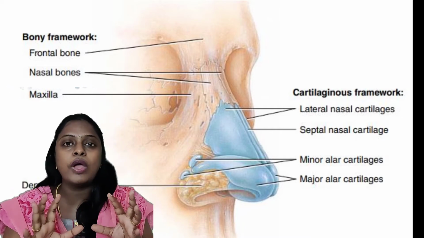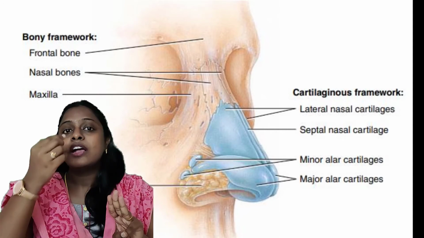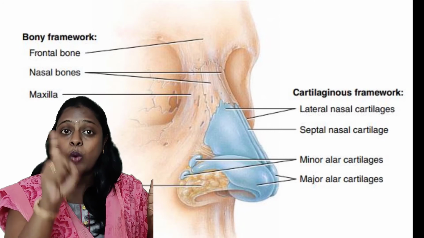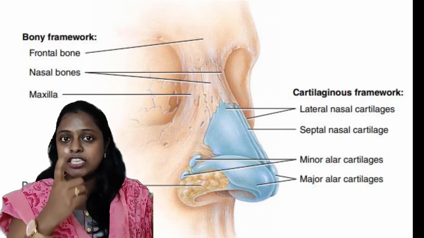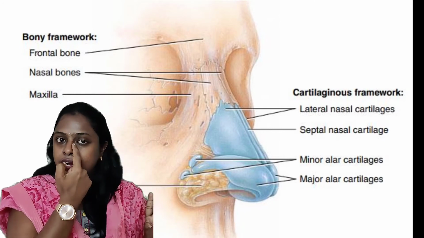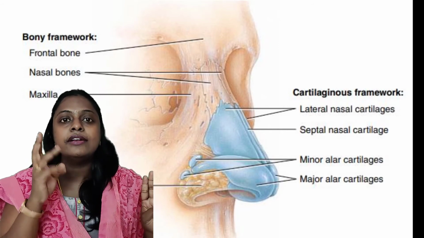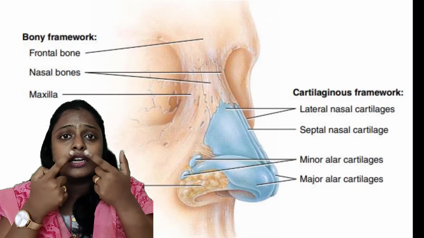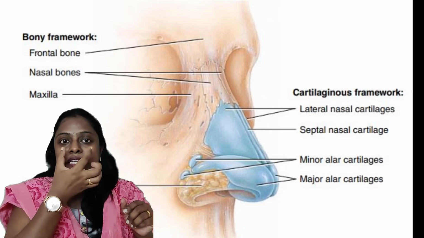So totally you have three types of cartilages in our nose. You will be having one septal nasal cartilage and two lateral nasal cartilages here and here, and the third one, alar. These are the alar cartilages which are near my external nares.